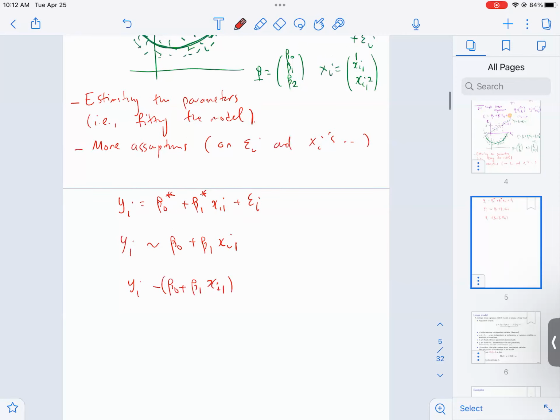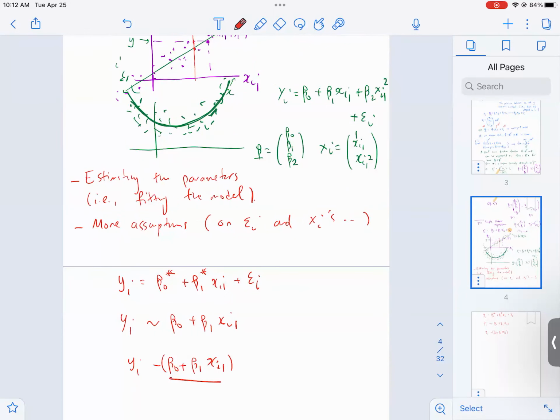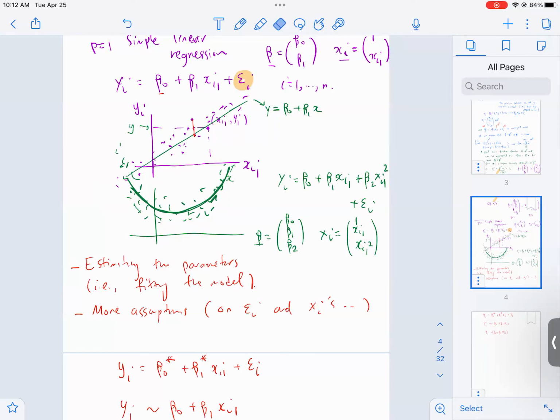This difference is how far the point is from the line, the vertical distance of the point from the line. The vertical position of the point is yi, and the line is at its fitted position. If you minimize all these distances, then you have a good line.